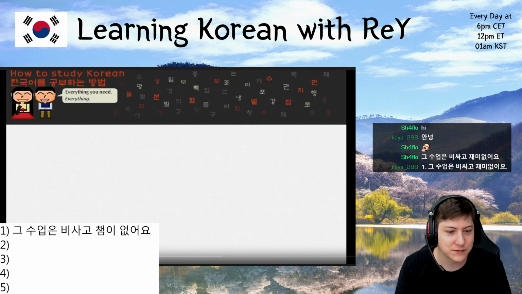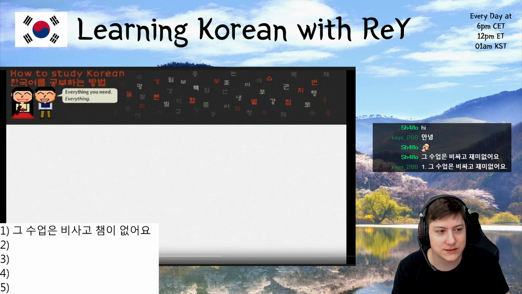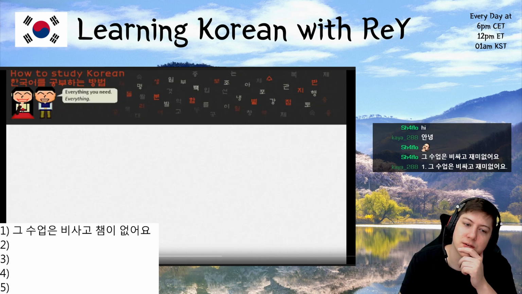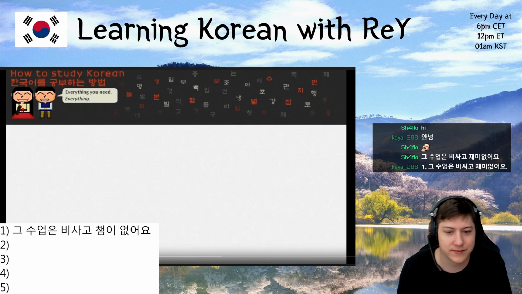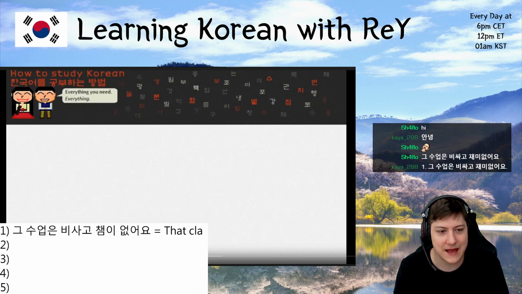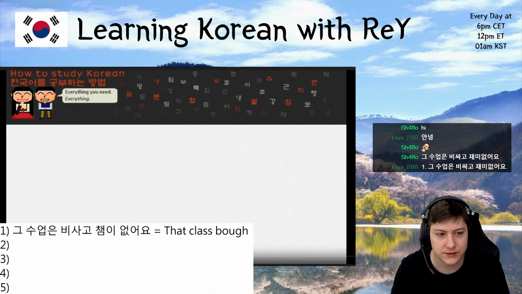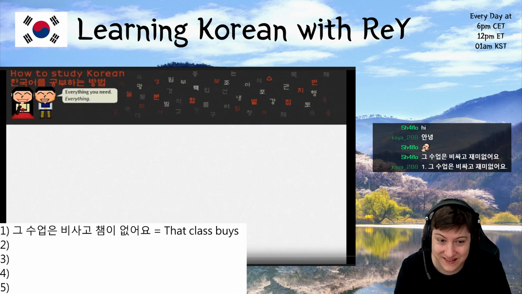We also translate it, of course. 재밌다. 재미없어요. That makes no sense. Damn. Okay, anyways, I will translate and maybe figure it out from the context. So that class bought, buys.